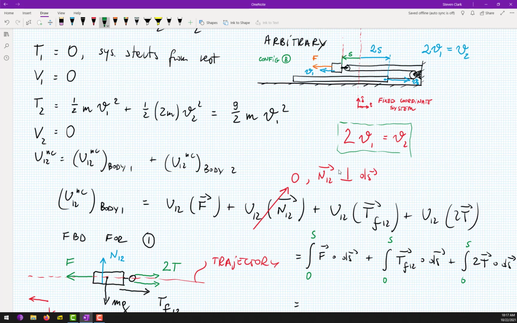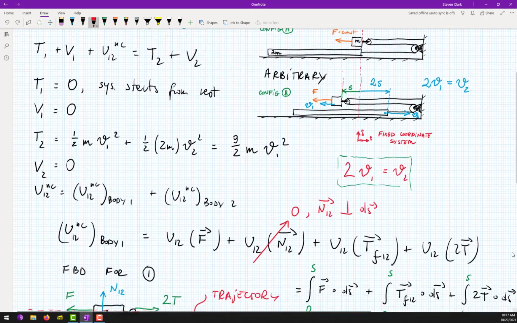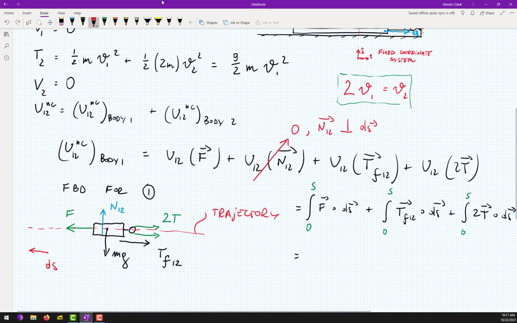Okay, and F was constant. Let me scroll up. Yep, they told us that F is a constant force pulling the block. We like to integrate constant things, so the first integral will be F times S, with a positive sign, because F points in the same way as ds.